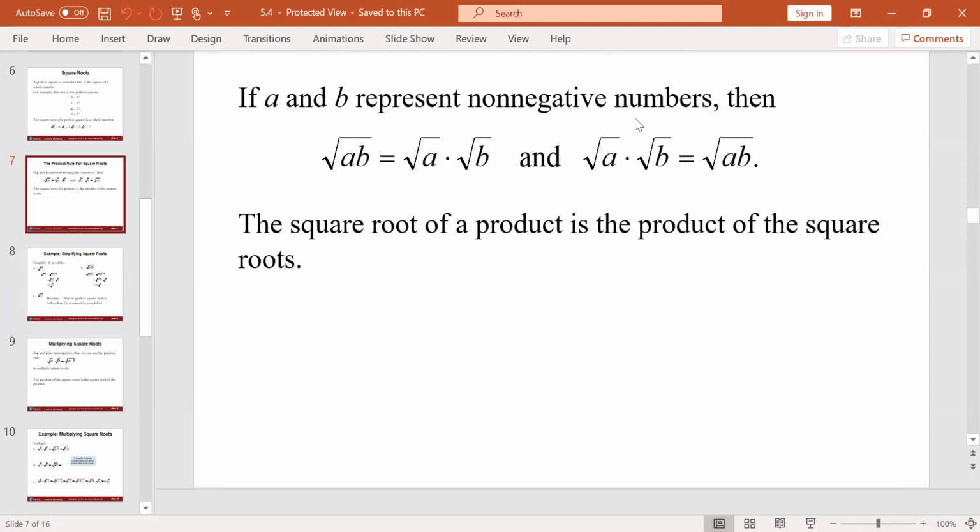And vice versa, if you're starting by multiplying one square root by another, you can bring them into the same square root house. You can bring them into the same house together and just say it's the square root of A times B. So the square root of the product is the product of the square roots. Yeah, that's long story short there.